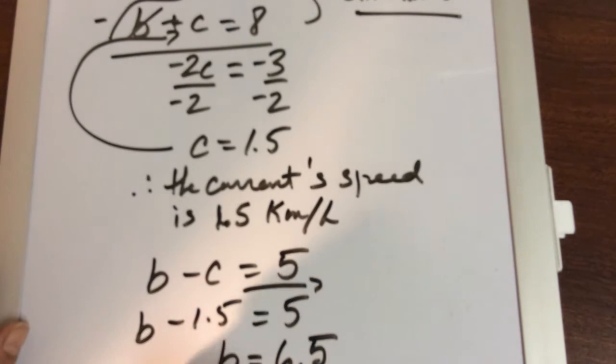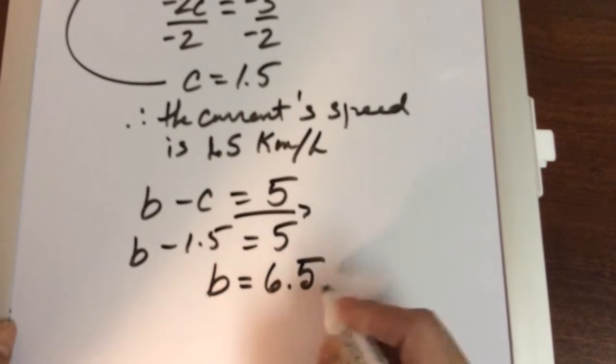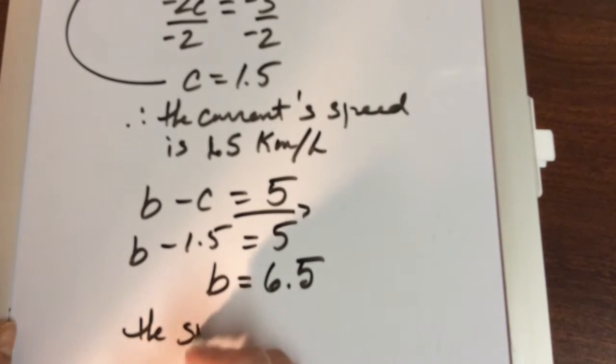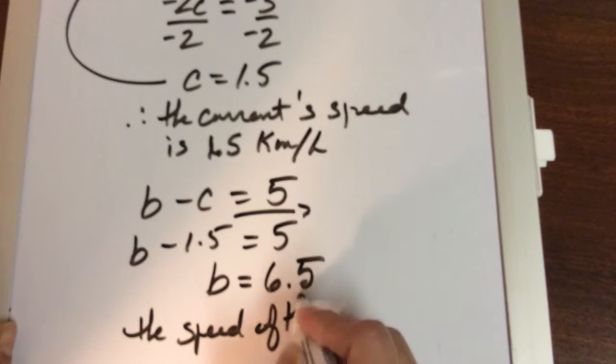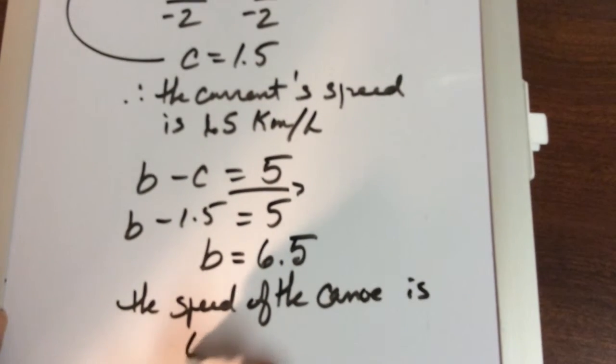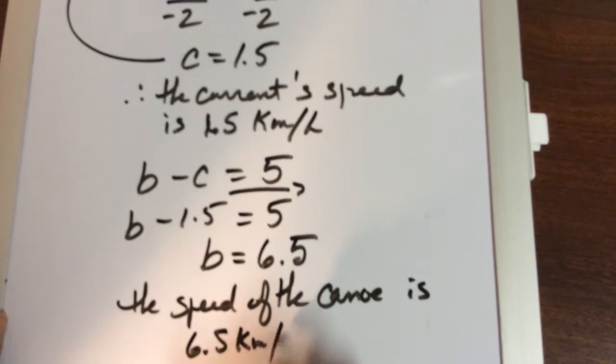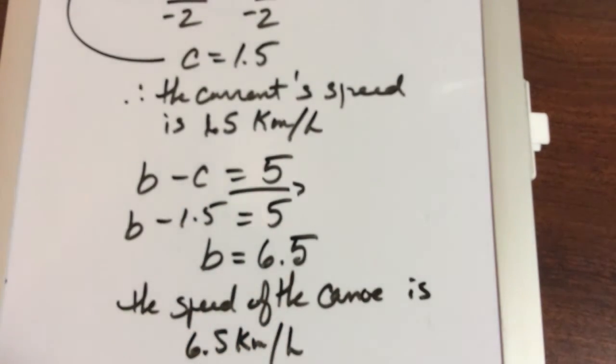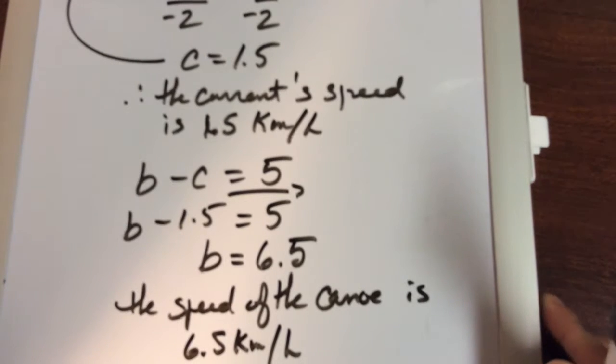And so the speed of the canoe is 6.5 kilometers per hour.